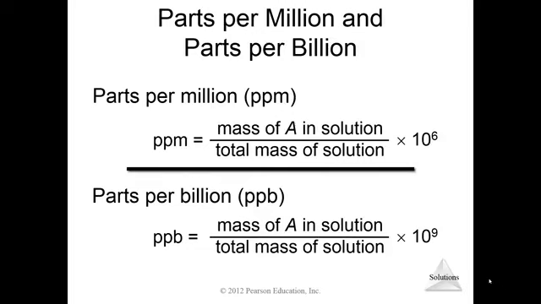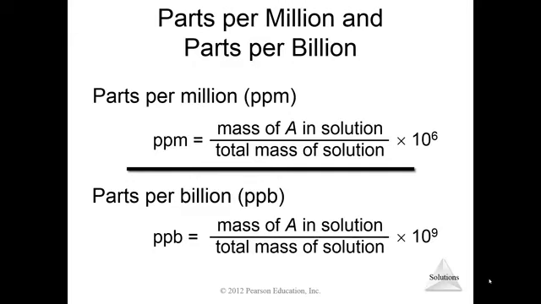To get parts per billion, it's mass of the solute, or mass of A, divided by the total mass of solution times 10 to the ninth. So as you can see, parts per million and parts per billion are very much like mass percent, except we're multiplying by a different factor after calculating the ratio.